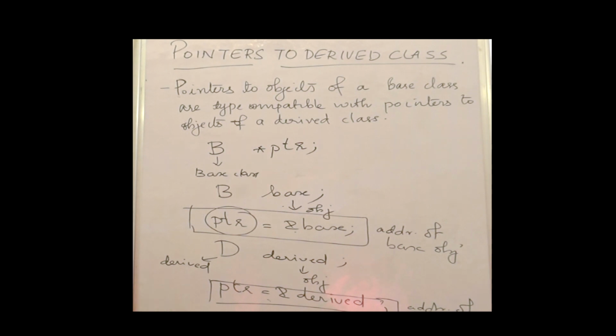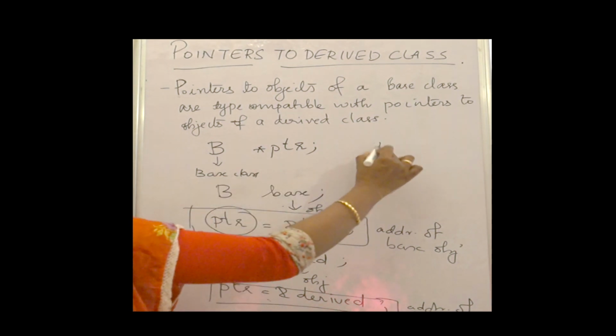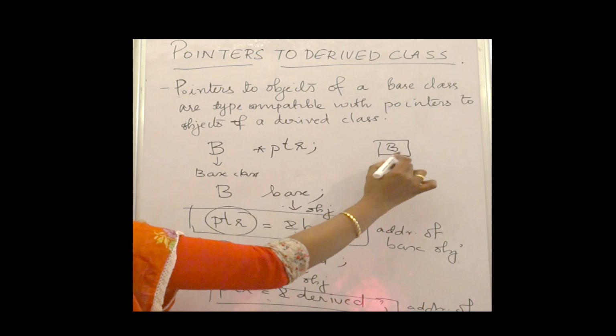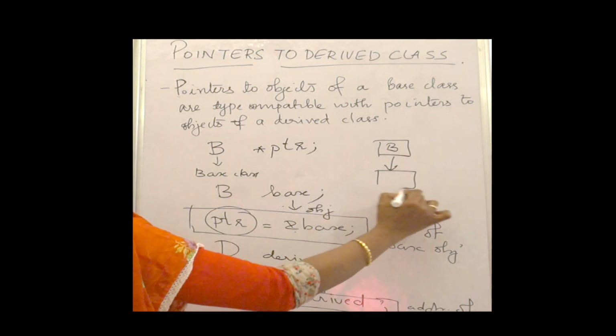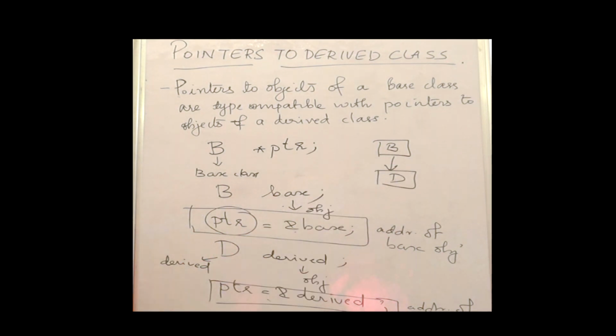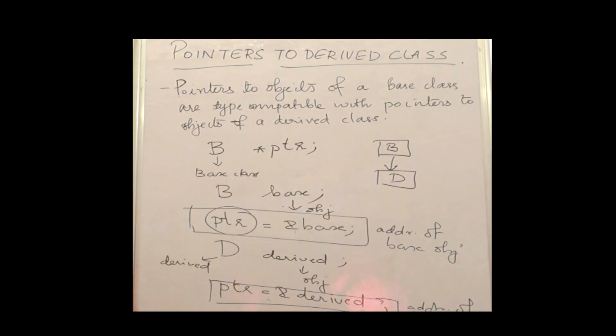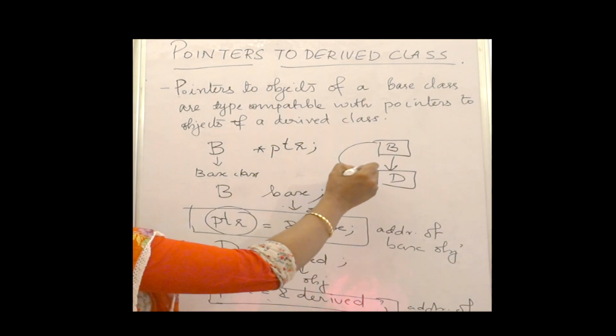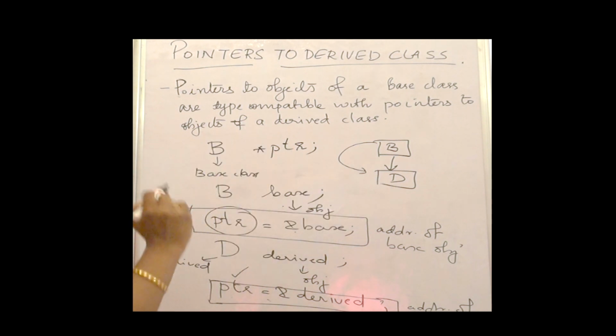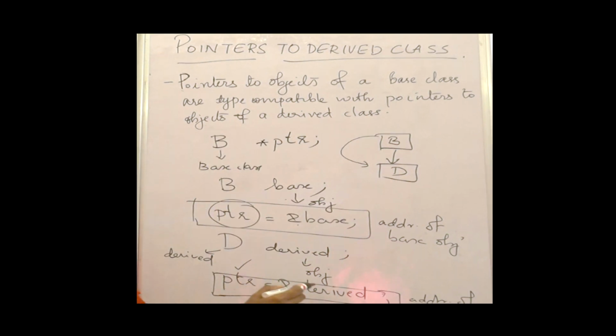If this is a base class, there should be some inheritance: B is inherited to D. Using this pointer PTR, we will be able to access all the members that are inherited from B to D. PTR contains the address of a derived class object.